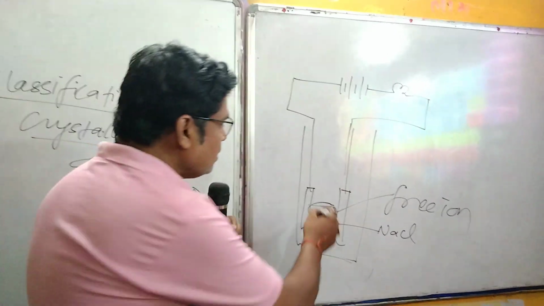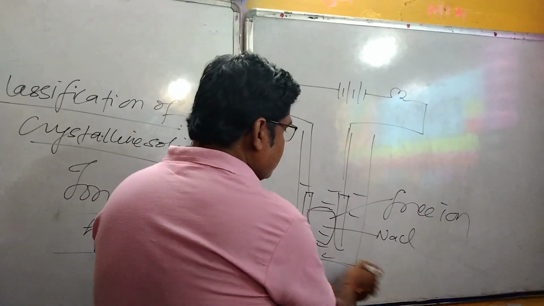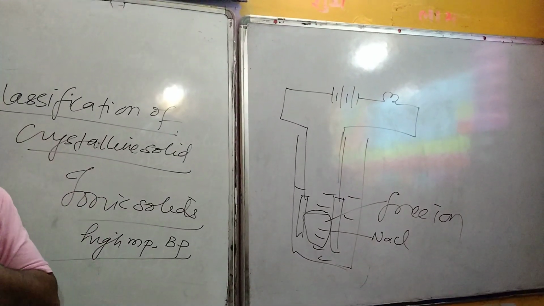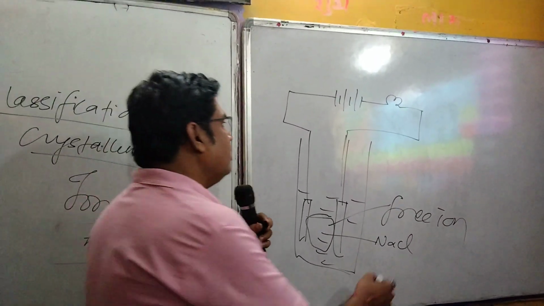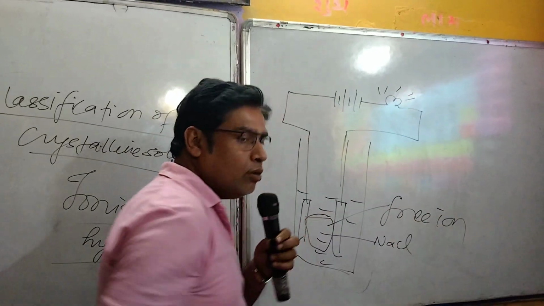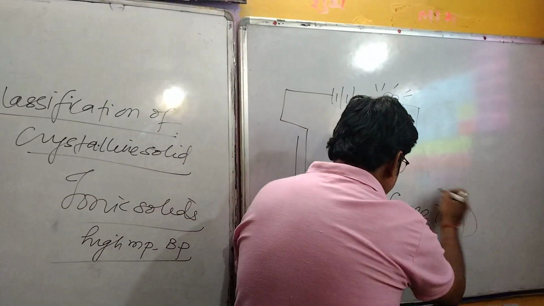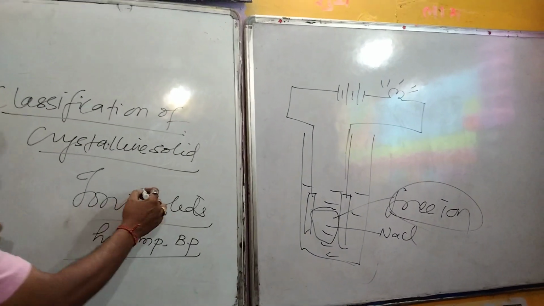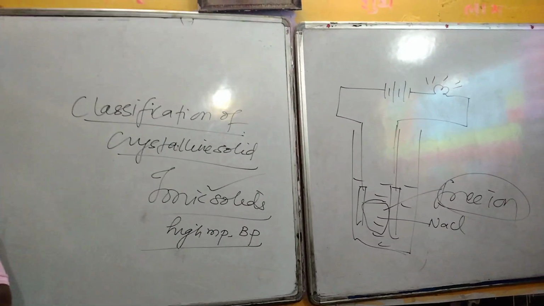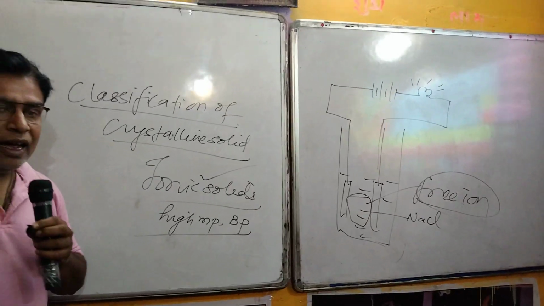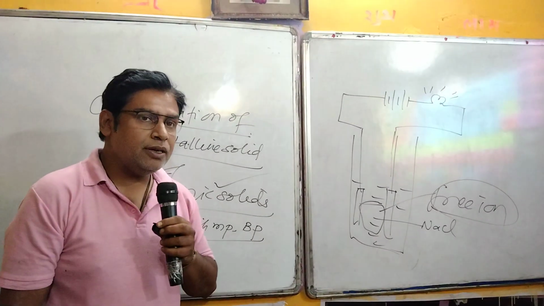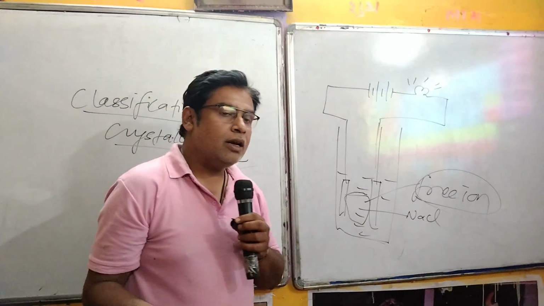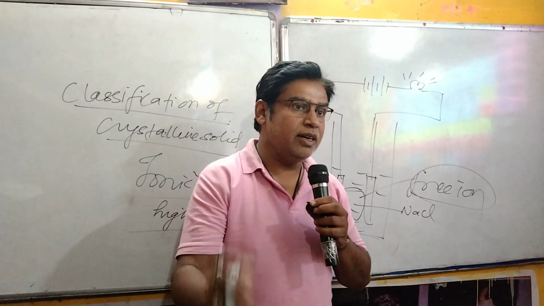Clear? लेकिन अगर मैं इसमें पानी डाल देता हूँ, or I turn it to its molten state or aqueous state, or the solution state, then you will find that this bulb will suddenly glow because now they have free ions present. So this is also one of the properties of ionic solids. In the same way, all the ionic solids, दुनिया के जितने भी ionic solids हैं, they are soluble in polar solvents.